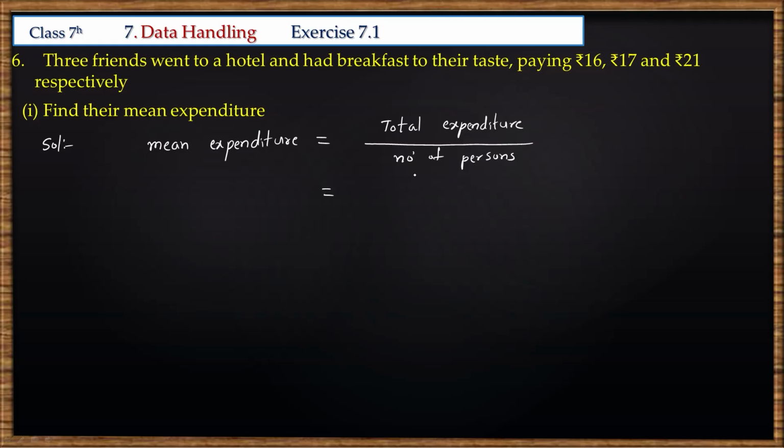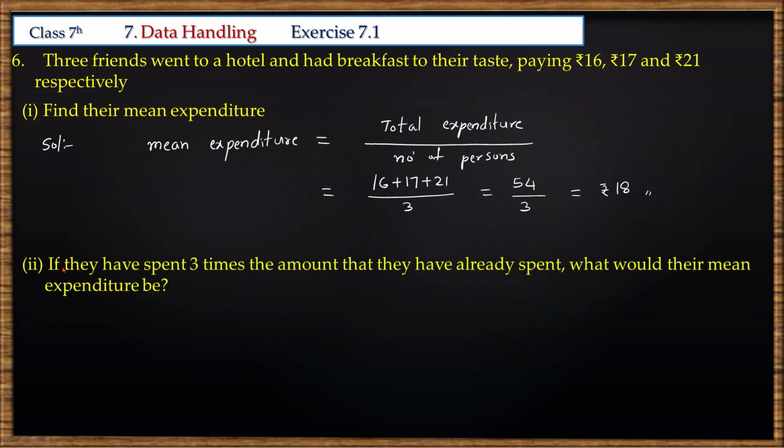So what is the total expenditure? 16 plus 17 plus 21 by 3. That is equal to 54 divided by 3. So 3 18s are 54. This will be rupees 18 mean expenditure.